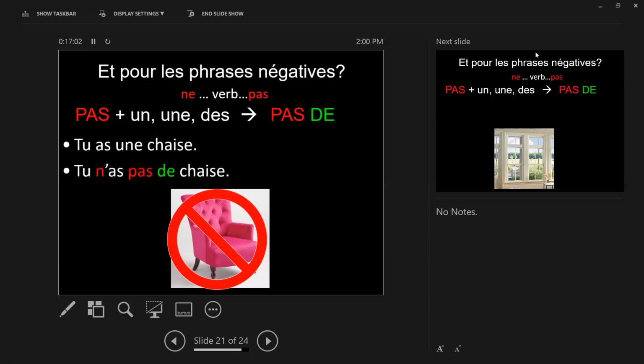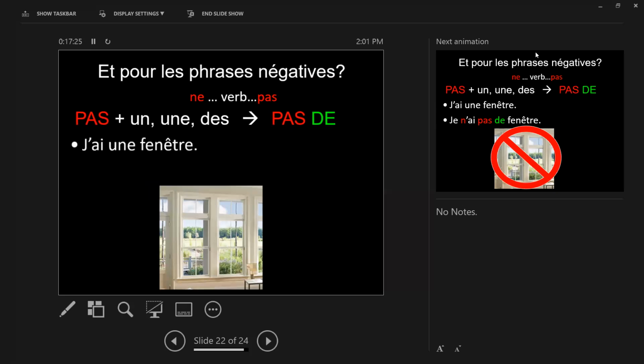Doesn't matter if it's singular or plural, you need to change it to DE. Tu n'as pas de chaise. It's not tu n'as pas une chaise. This changes into this. But to make it negative, you need to add the pas, and you need to add the n apostrophe before the verb.